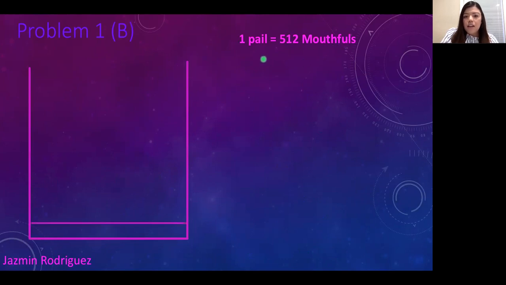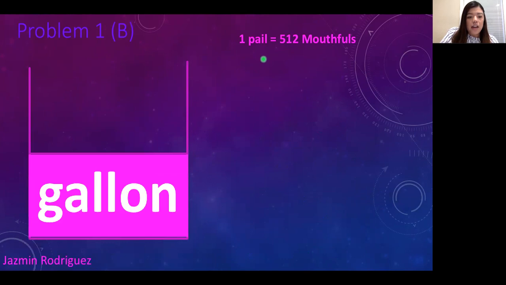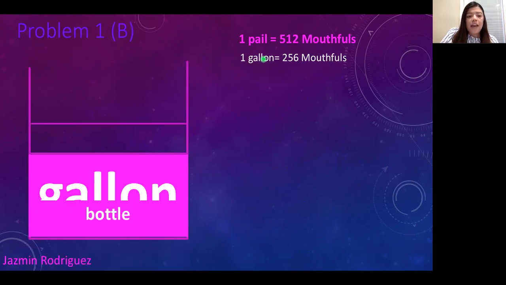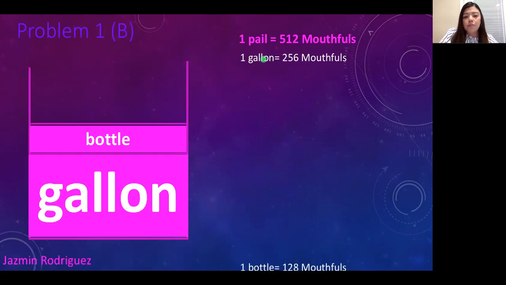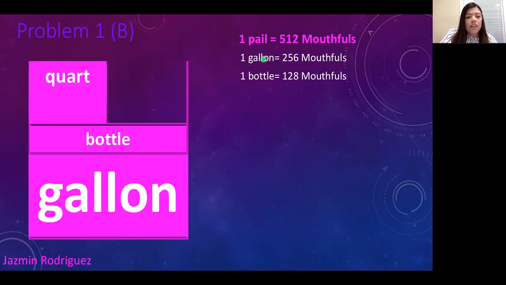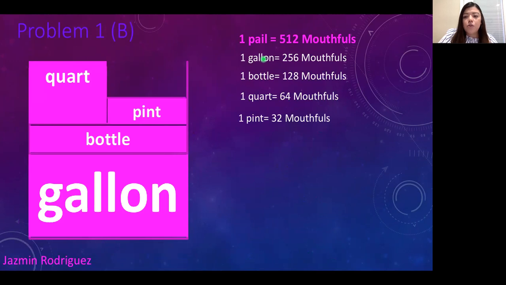And then we'll put in our gallon. And we know that 1 gallon is equal to 256 mouthfuls. And then we'll put in our bottle. And our bottle is equal to 128 mouthfuls. Then we'll put in our quart. And that is equal to 64 mouthfuls. And then our pint, which is equal to 32 mouthfuls.